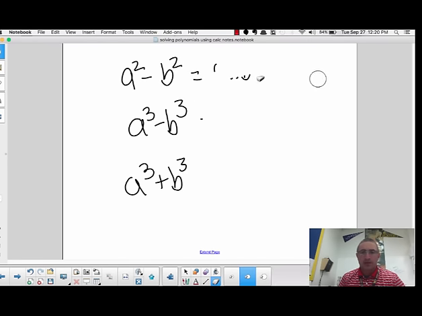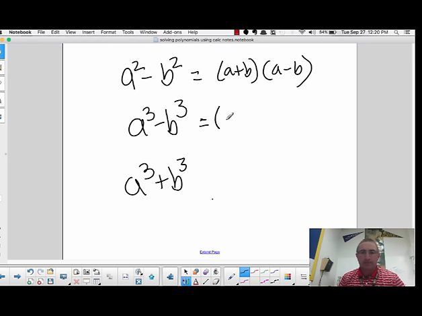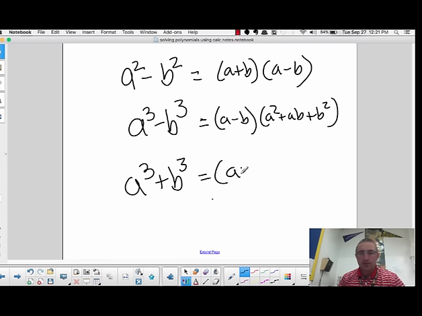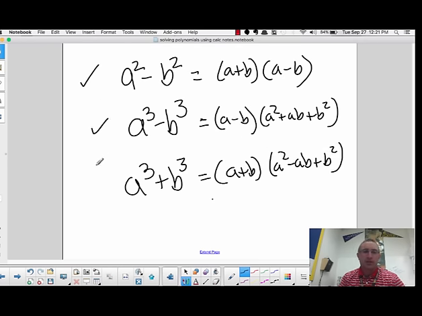Sorry about that. I was doing the cubed first. A plus b, a minus b, a minus b, a squared plus ab plus b squared. And the sum is addition and then subtraction here. Okay? So you may have to use one of these 3 right away.